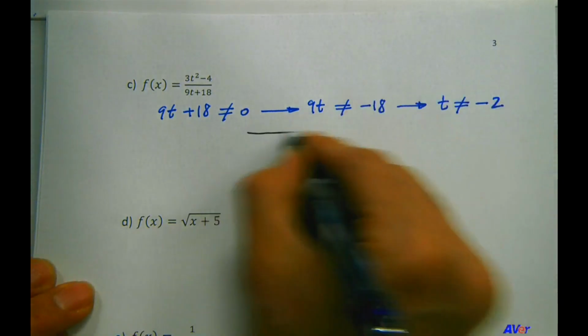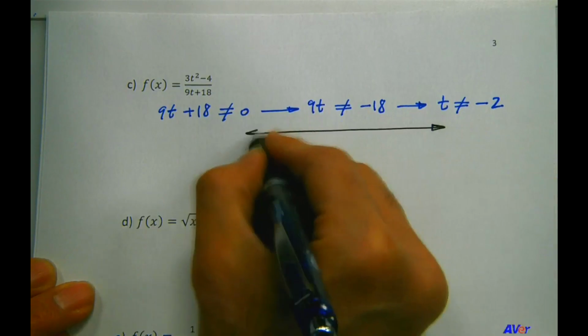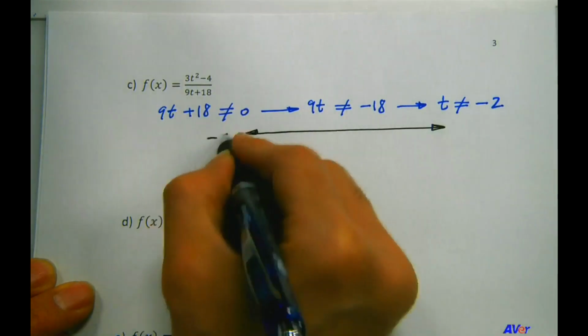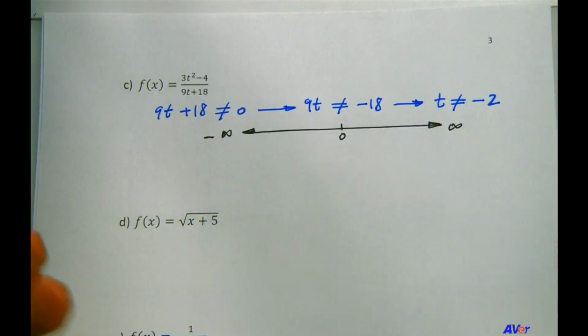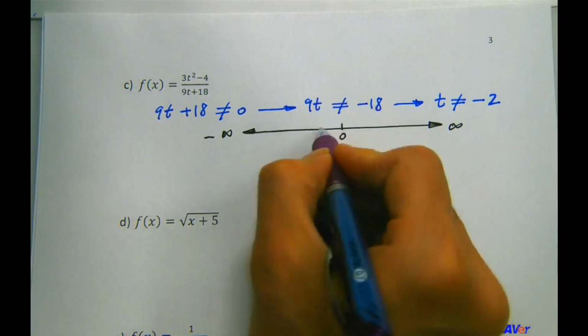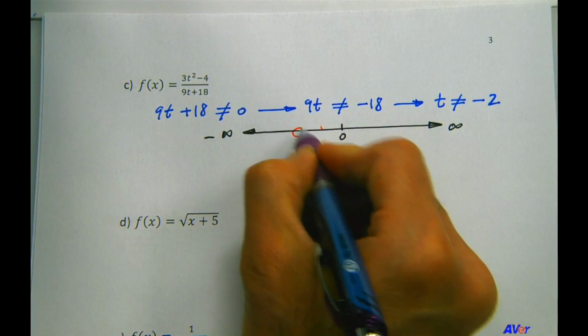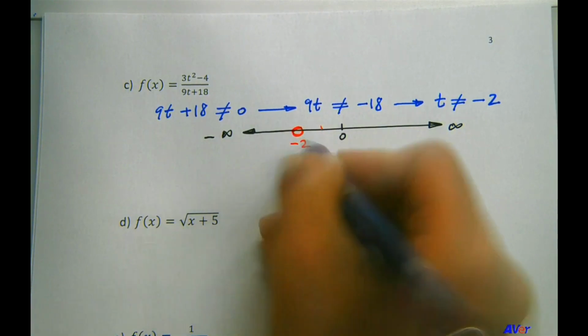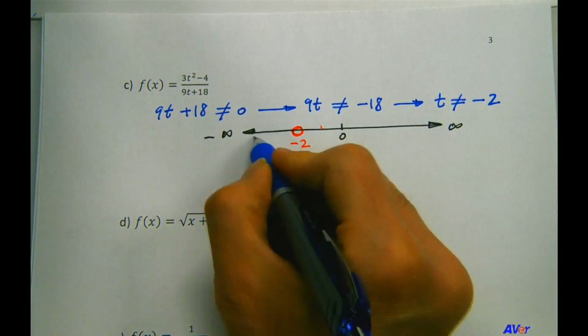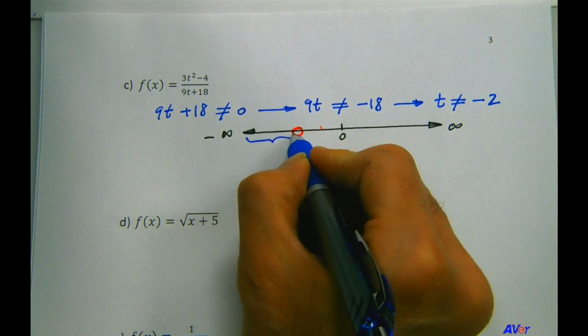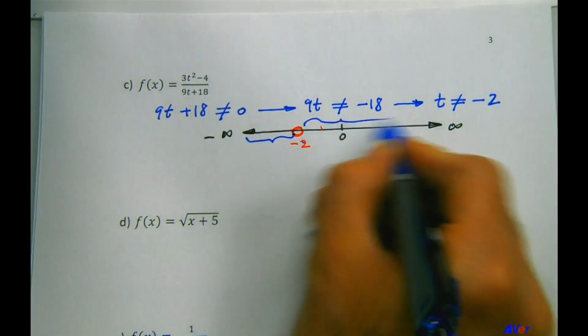We can draw a little graph here to show what we mean. That's negative 2. Let me show it with a hollow circle. Negative 2. Everything is acceptable except negative 2. So this is acceptable and that is acceptable.